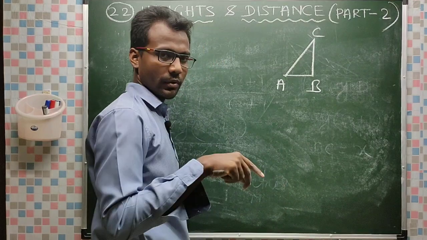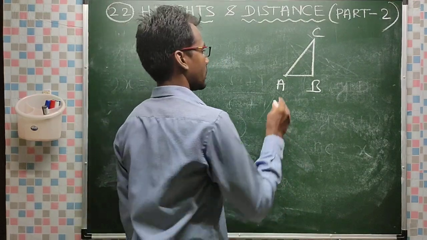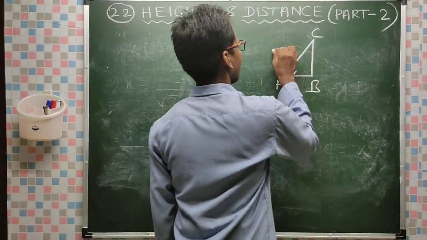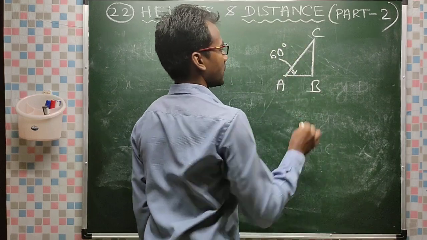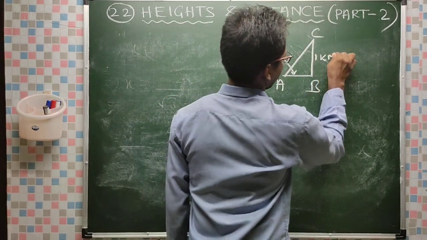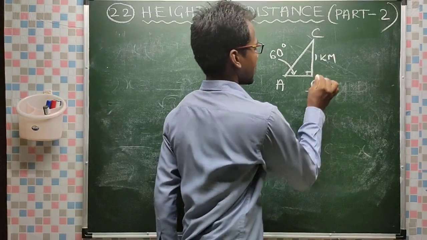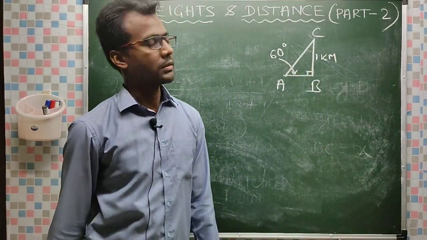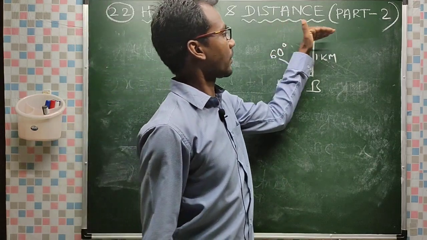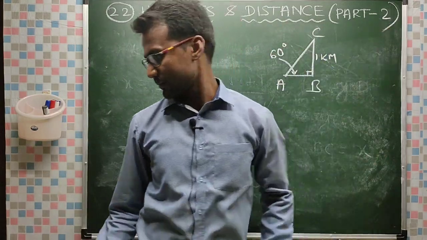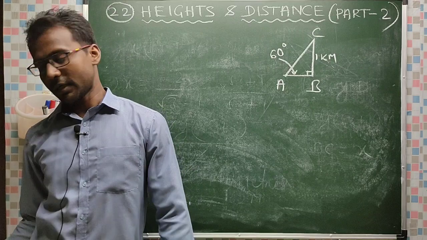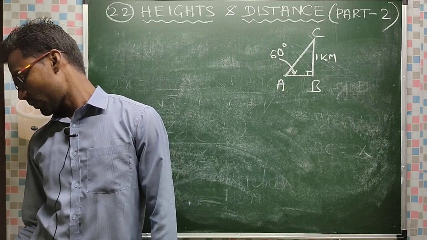B is a point directly below the aeroplane on the ground. This is 60 degree and this is 1 kilometer. Okay, this is obviously 90 degree. Now the aeroplane is flying away from the observer in this direction. Okay, after 10 seconds its elevation is observed to be 30 degree.